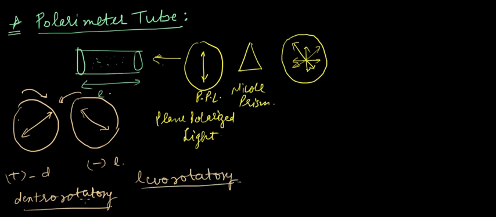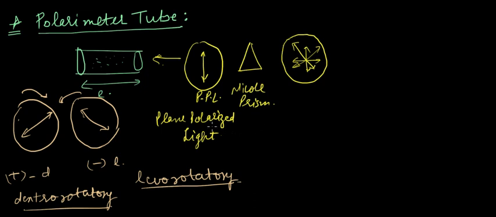Okay, so we'll come into the polarimeter tube and what all calculations and formulas we have about the rotations, the concentration of the compound here, the length of the tube, and the specific rotation which is caused by the compound. We'll come into that a few minutes later.